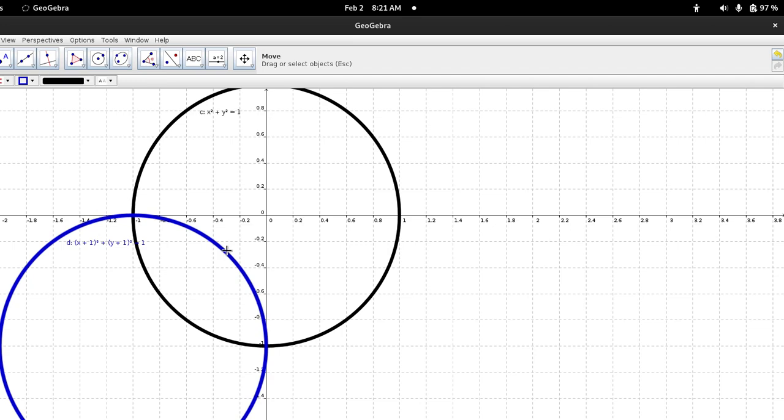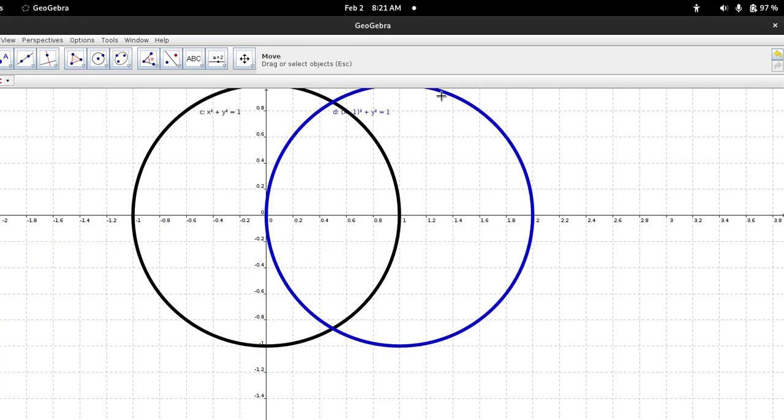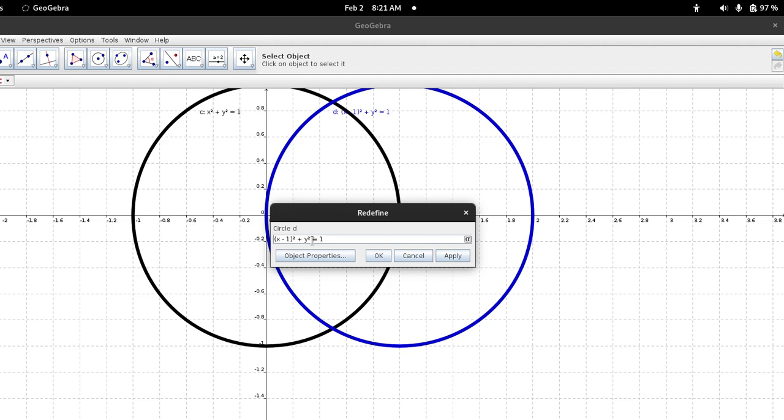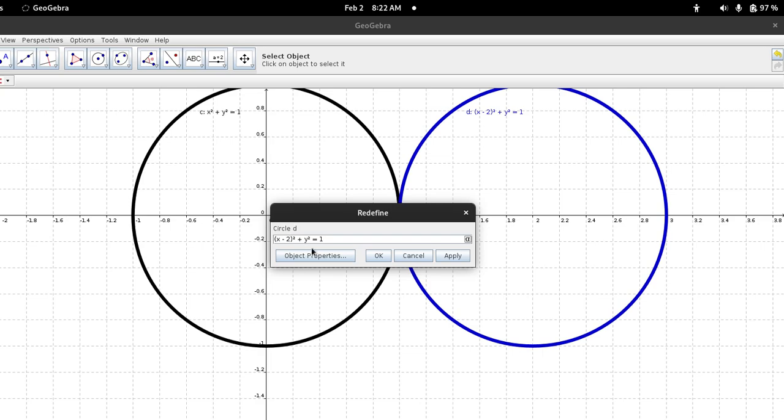Now suppose I go back to my original x minus 1 squared and y squared. This is what you see. Now I'm going to change the minus 1 to minus 2, and the minus 2 to minus 3.